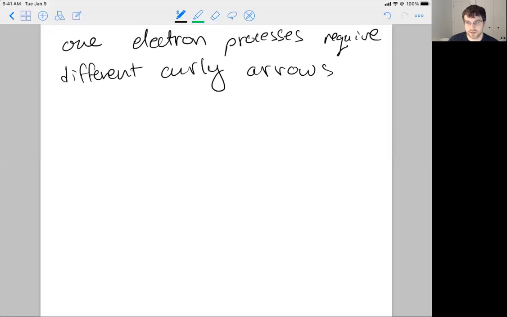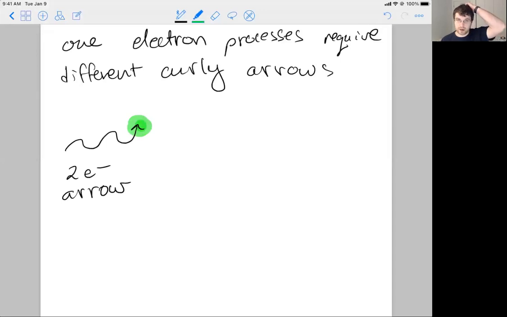Okay, so if you recall, we had the original arrow, and I'm going to have mine very curly. So this is a 2 electron arrow. Now what I want to point your attention to, and it's not going to make sense why at this point, is the arrowhead. We just have a standard arrowhead.